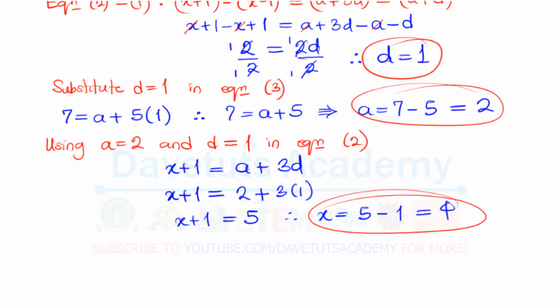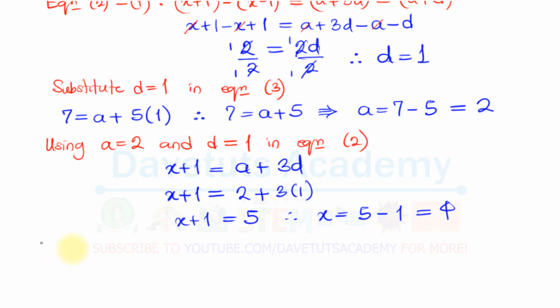As a rule of thumb, you can effectively write out your answers and say the common difference d is equal to 1.